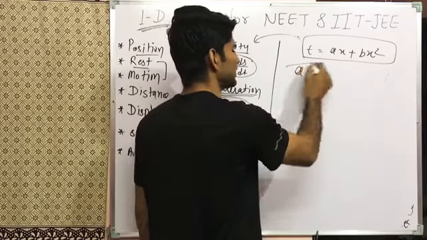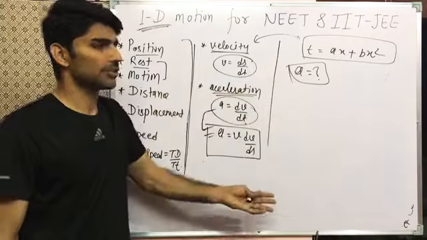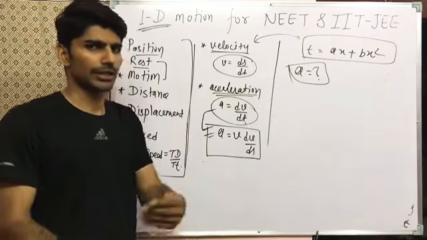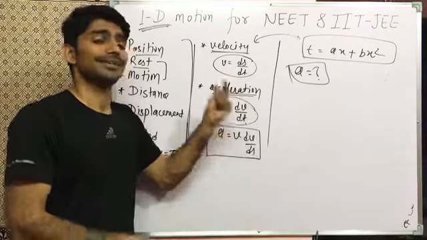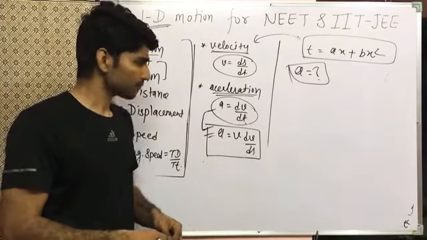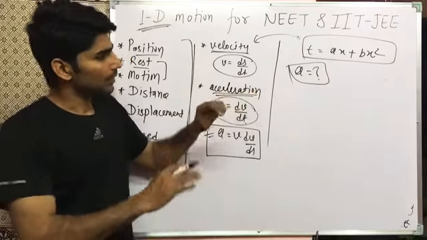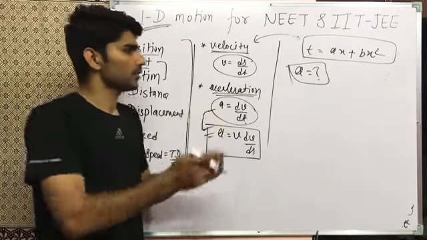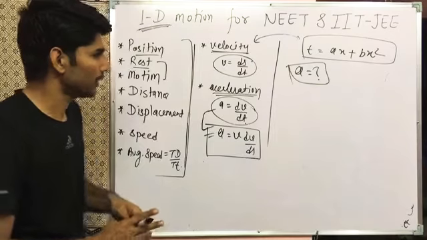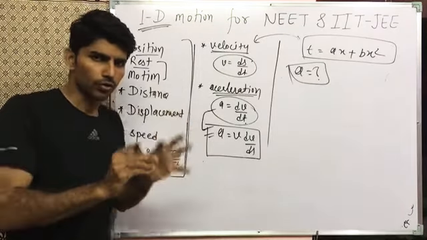Mostly you get the equation of displacement or velocity in terms of time, but here time was given in terms of displacement and you were asked to determine the acceleration. It is strange, or just reverse, but you don't need to panic. You just need to be calm and go through your basics.